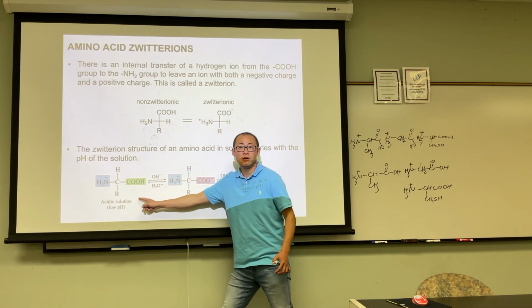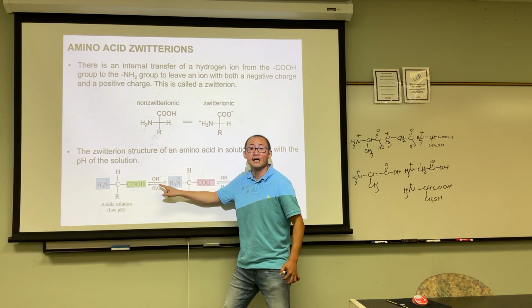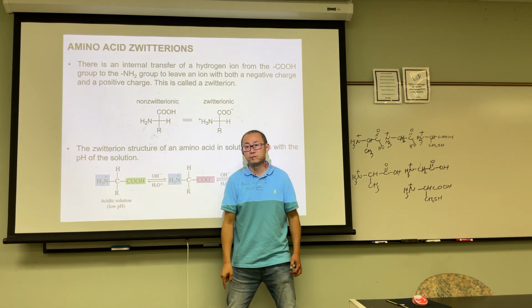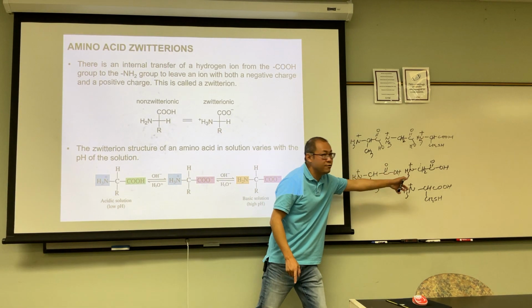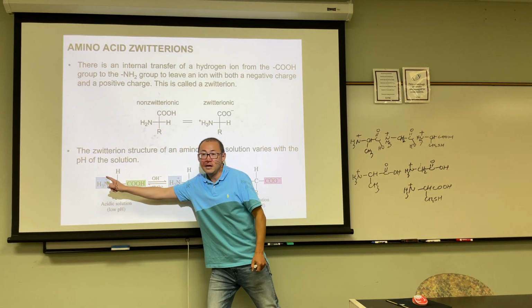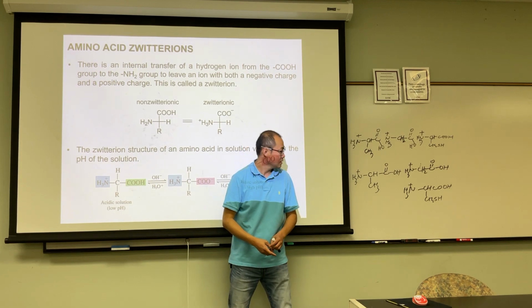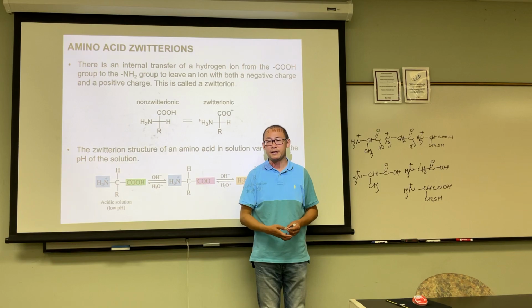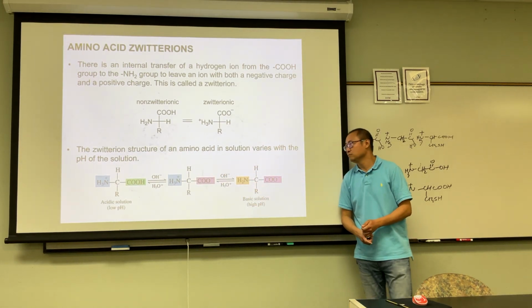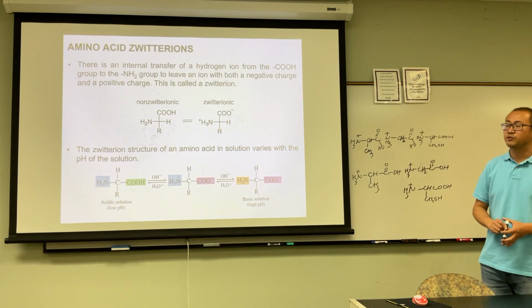This is how an amino acid will exist under acidic condition, under low pH. Is that the same? All COOH, NH2 becomes NH3 plus. Does it make sense, guys? These are all the reactions we did in chapter 11.